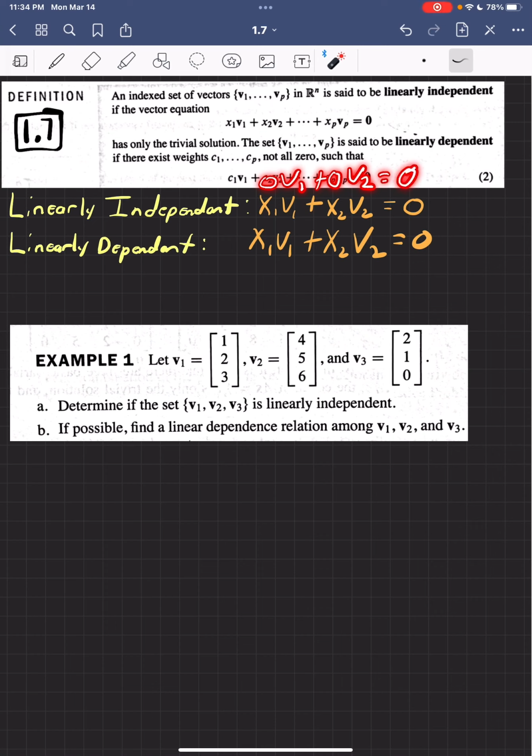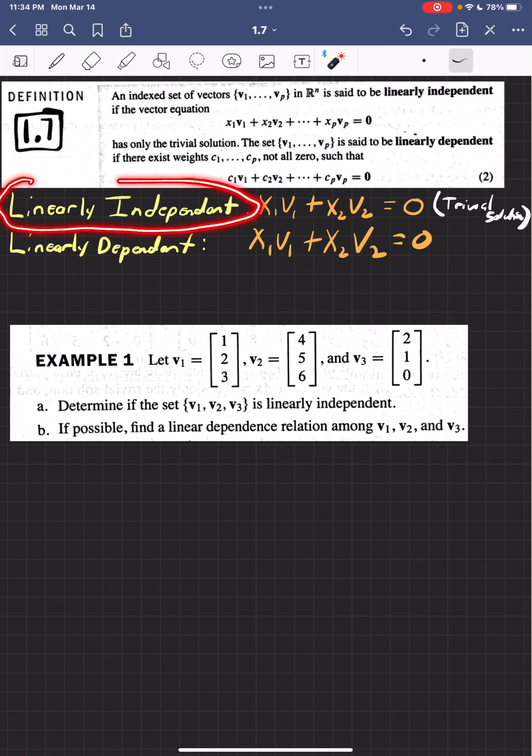That is our definition from the previous section, 1.5, the definition of the trivial solution. If all you can do is choose weights of 0, in other words, all you have is the trivial solution, then your relation is linearly independent. Only the trivial solution, only weights of 0.